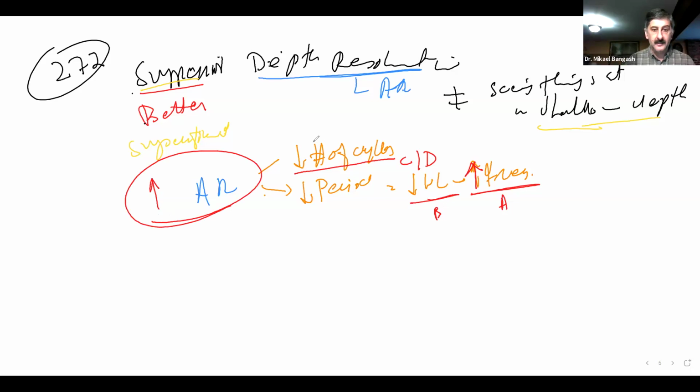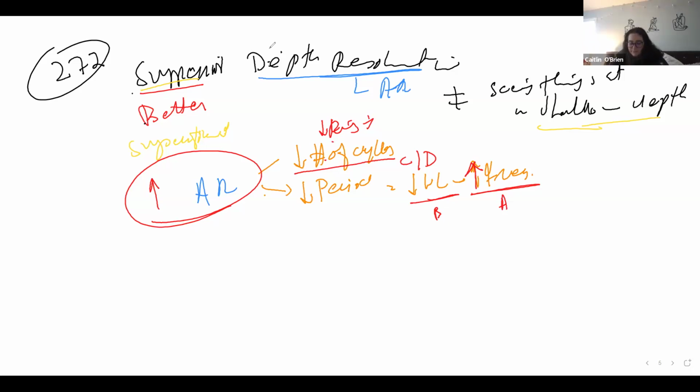So a lesser number of cycles and less ringing are just two terms for the same thing. Did you guys get that? Yes. Okay, guys.